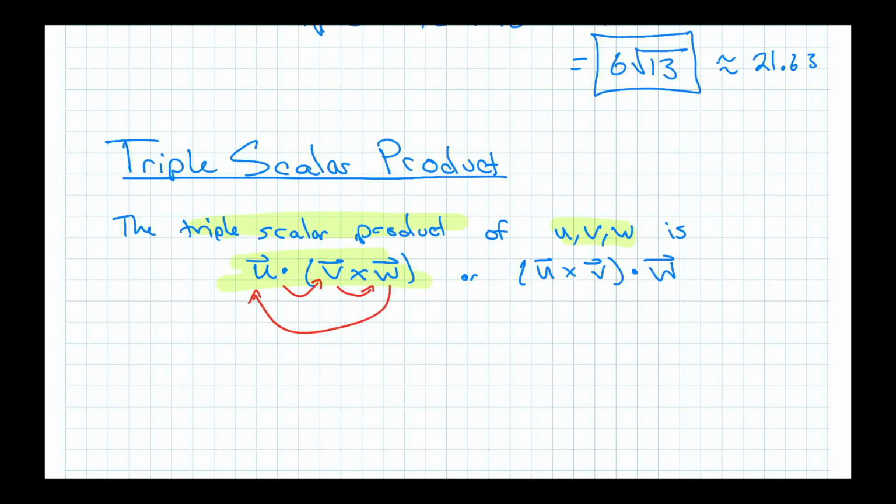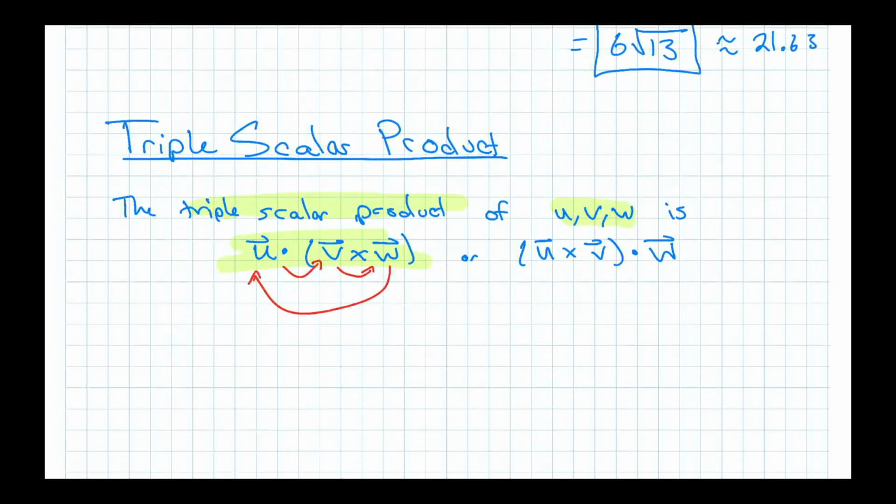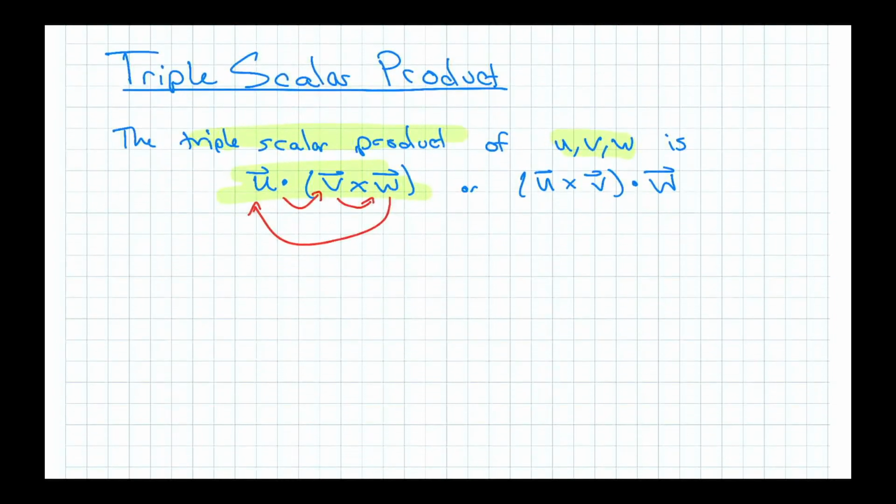Okay, so it doesn't really matter. The point is this is the triple scalar product. And the thing about the triple scalar product is you could calculate v cross w and then do the dot product with u, right? If you were given three vectors, you could do the v cross w first and then the dot product. But the thing is that you don't have to. There's kind of a shortcut.